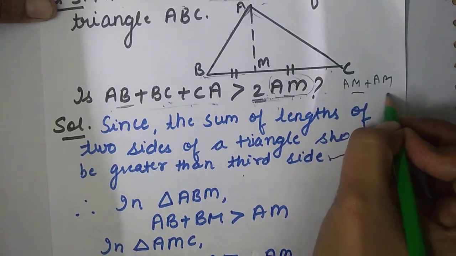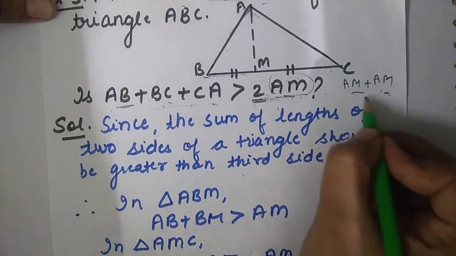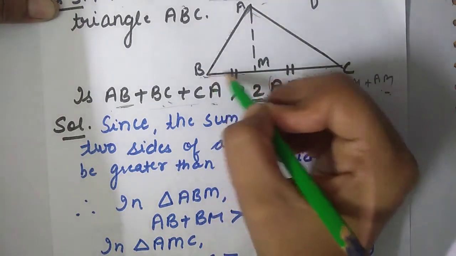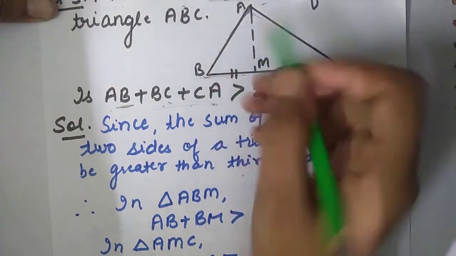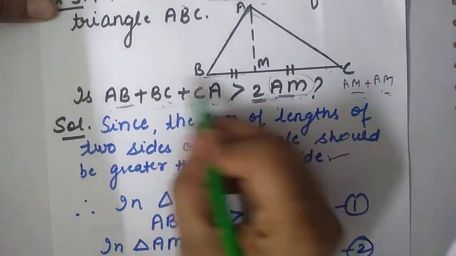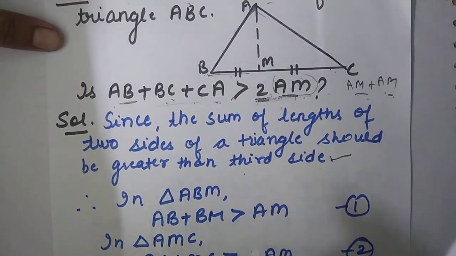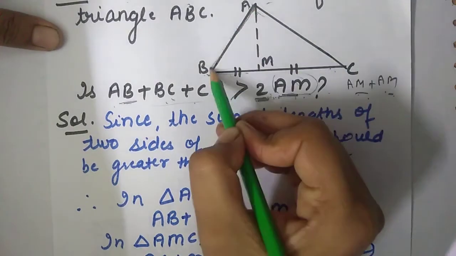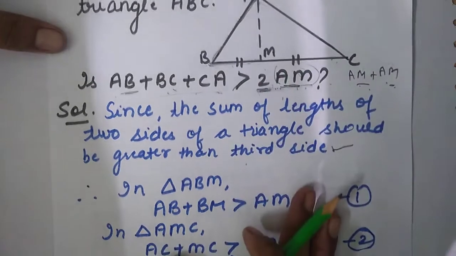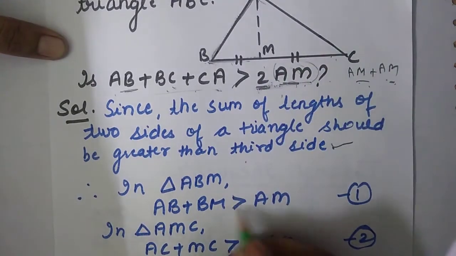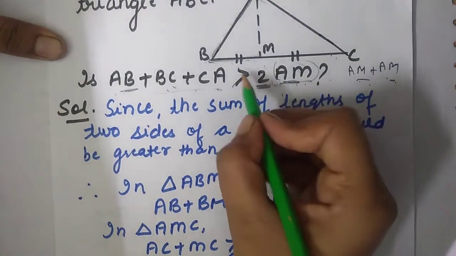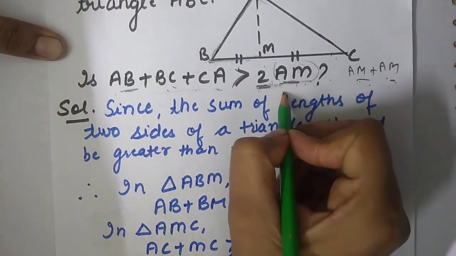So I apply triangle inequality: AB plus BM is greater than AM.